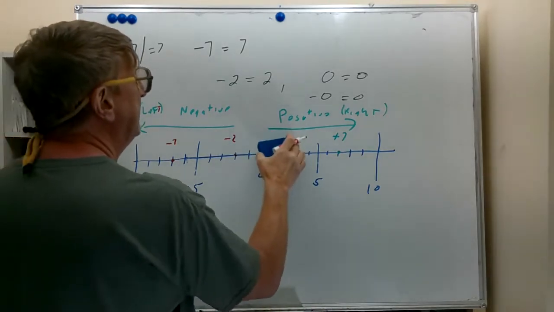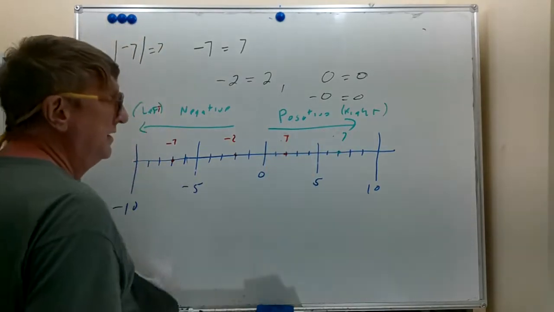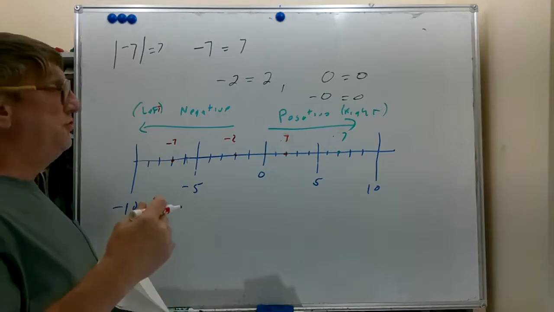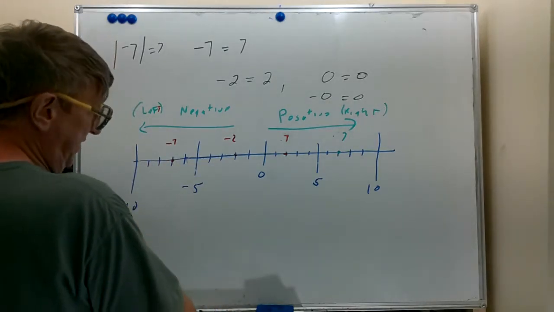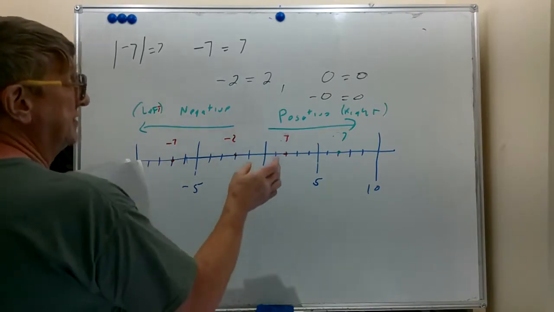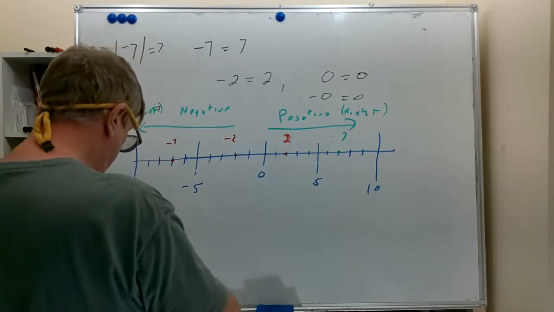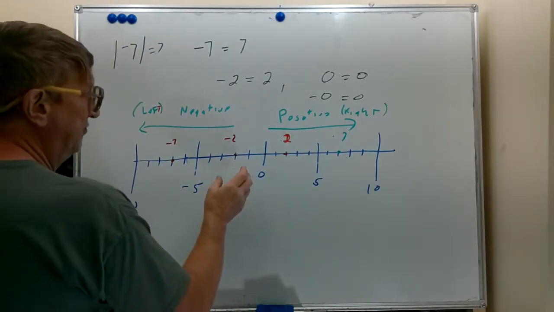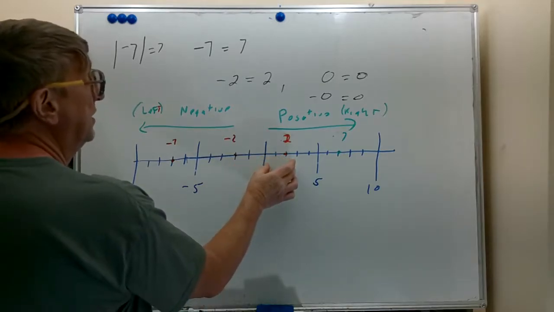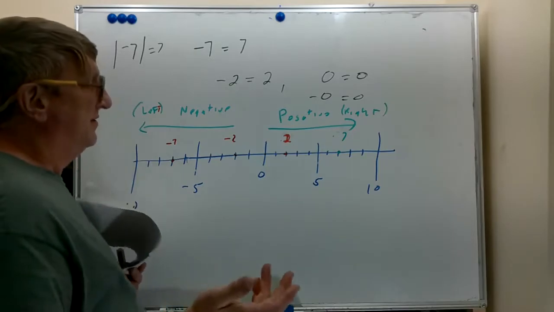If we leave the positive symbol off, the positive is implied, but that indicates that we're 2 units to the right of 0. And we find that the absolute value of the number, if it's a negative number, is the same distance from 0.